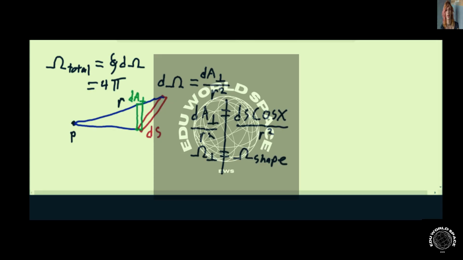So we basically justified that integrating over a sphere will yield the same quantity of the total solid angle as it would be for any shape.